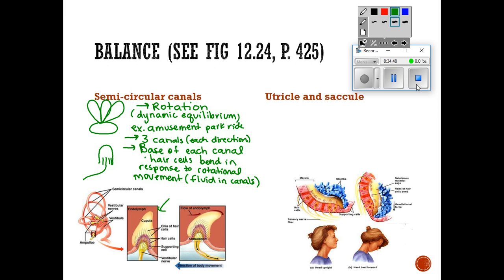Now, there are two other structures, the utricle and the saccule, that together are called the vestibule. Now the utricle and the saccule are this piece that's down here. So at the base of the semicircular canals, it looks like there's a pouch.